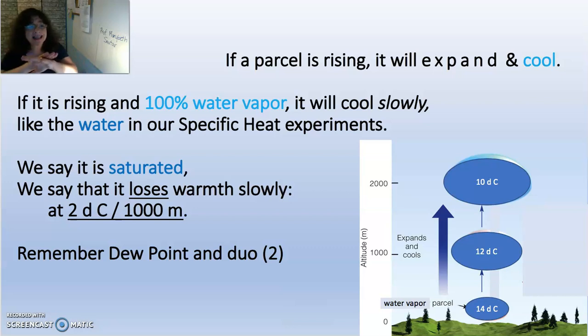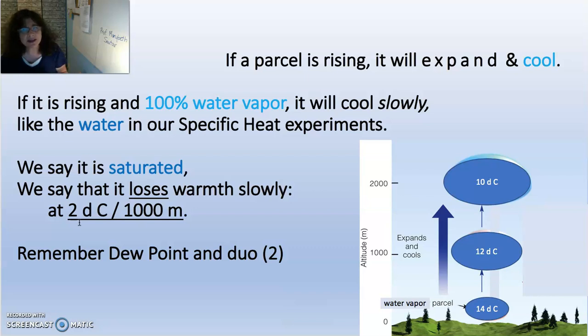We say that the parcel is saturated because it is 100% water vapor, and therefore it will lose warmth slowly. We know that from our specific heat experiments. We give it a calculated rate of losing warmth at 2 degrees Celsius per 1,000 meters.